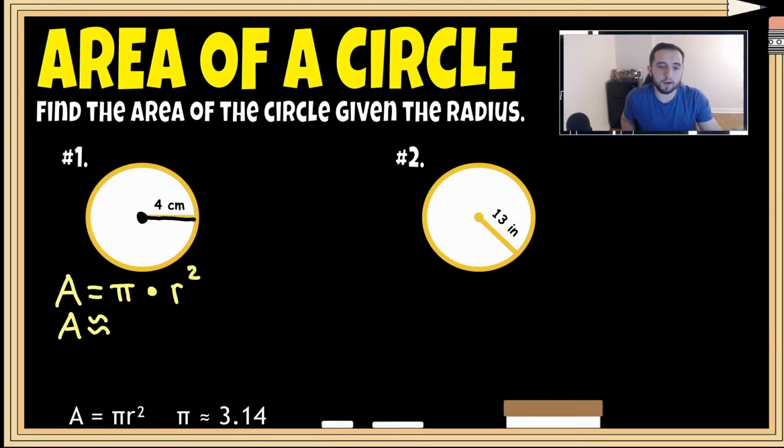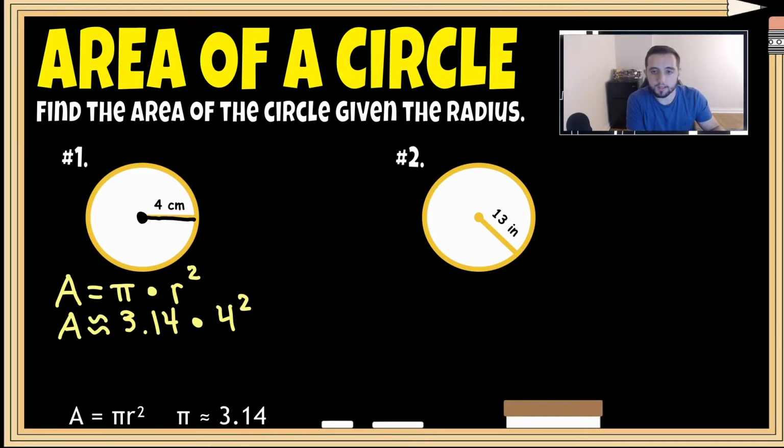We have to approximate our final answer because we're going to be off by a little bit unless we use the exact value for pi. So for pi, we have 3.14 times, and we know our radius, which is half the length of the circle. We can replace r with 4 to the second power.